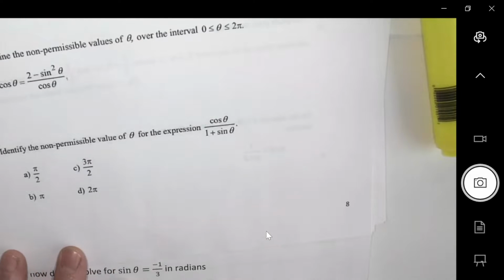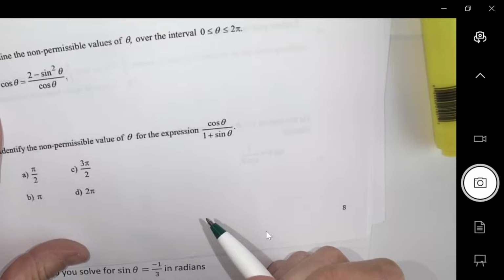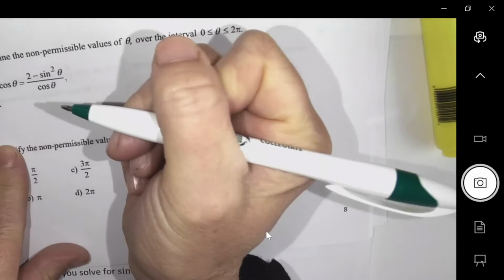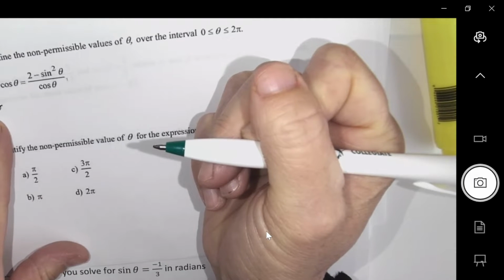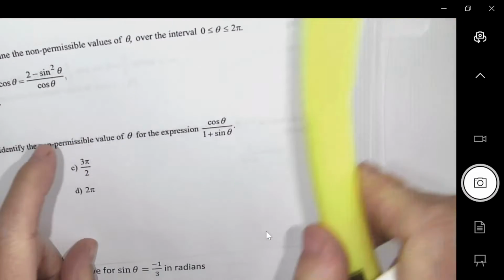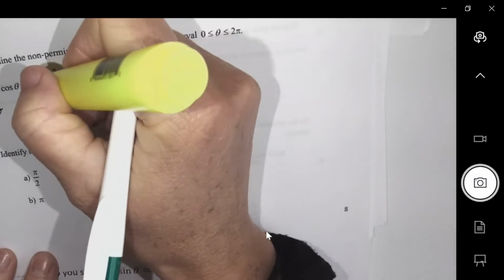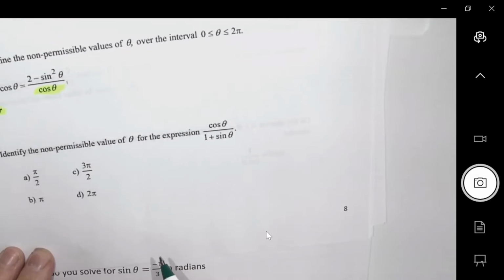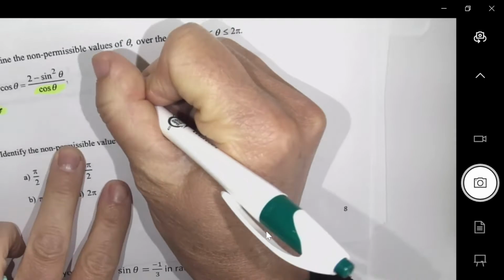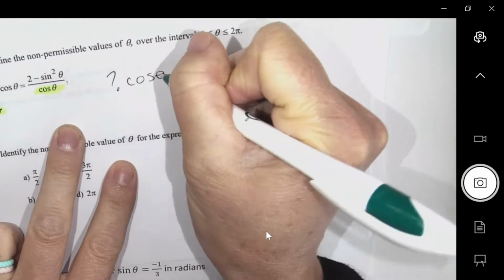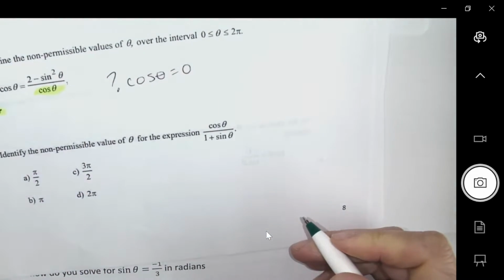Okay, number 7. I would be worried about secant because that's 1 over cos. So I would have to look at that bottom and that bottom. I don't want that bottom to ever be 0. So I'm worried about the cos of theta being 0.